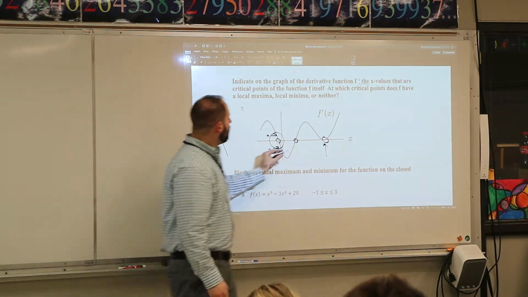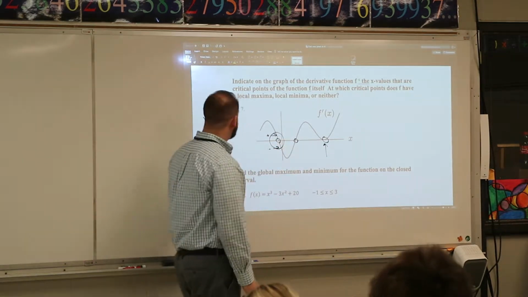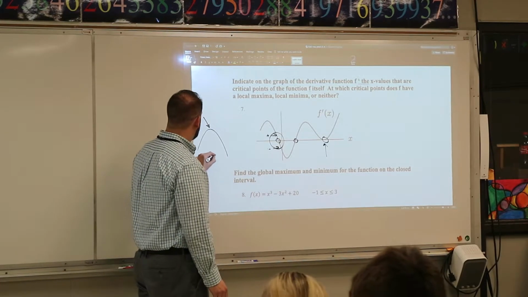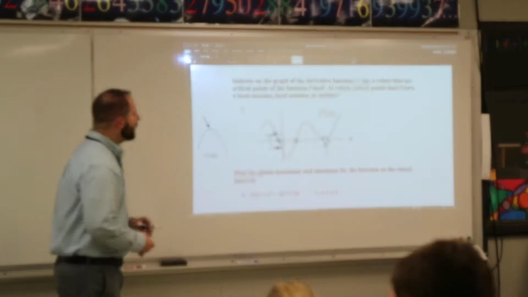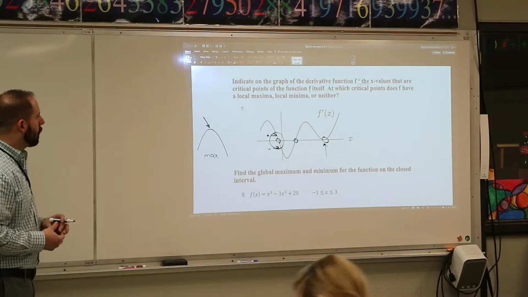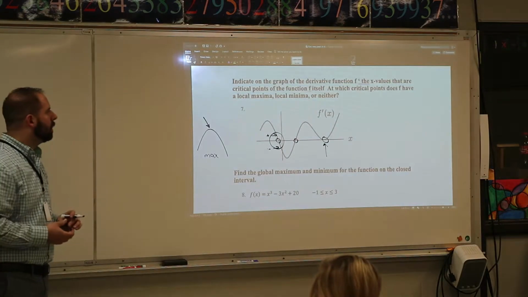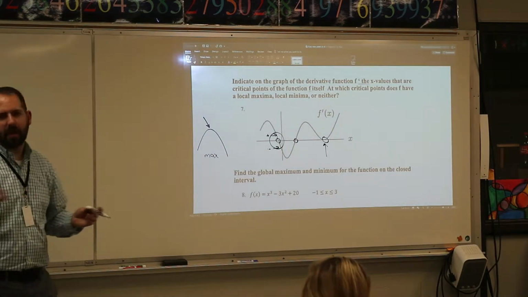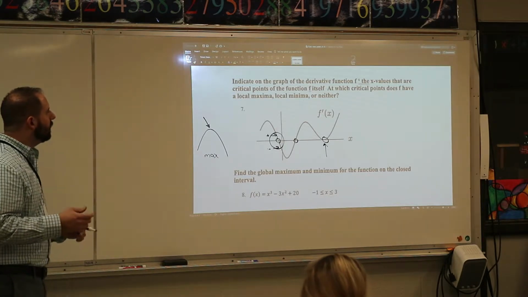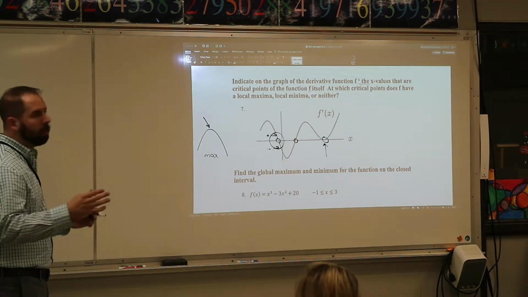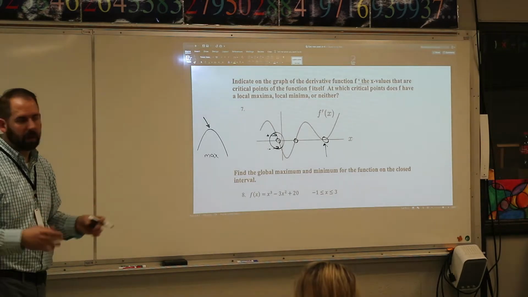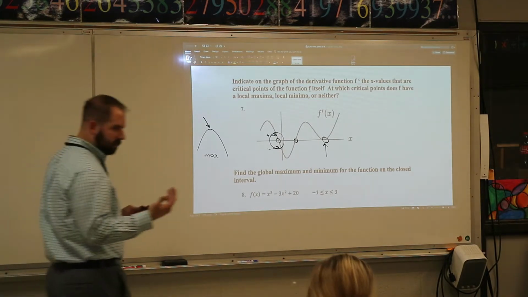Is it global or local? I'm just gonna write max. Technically, I'm not really looking for globals, just locals. So pretty much just circle the point and write if it's a max.